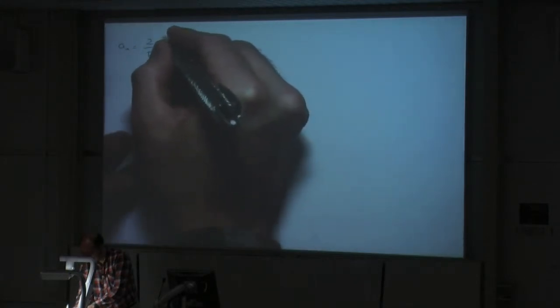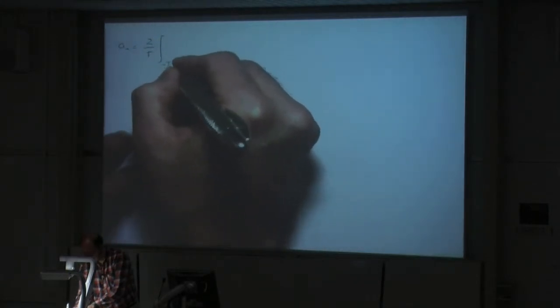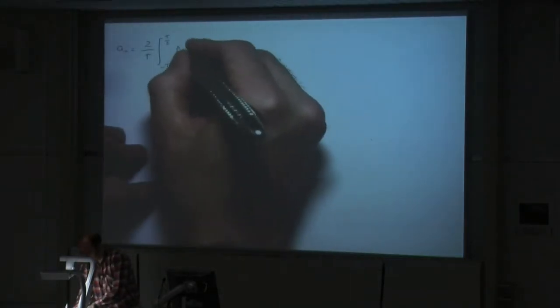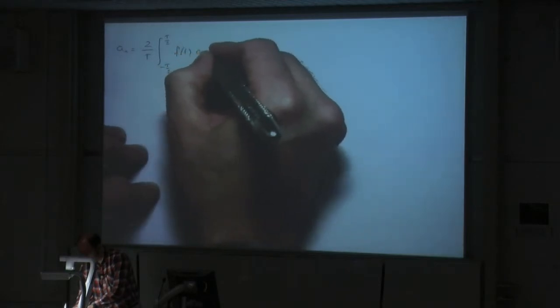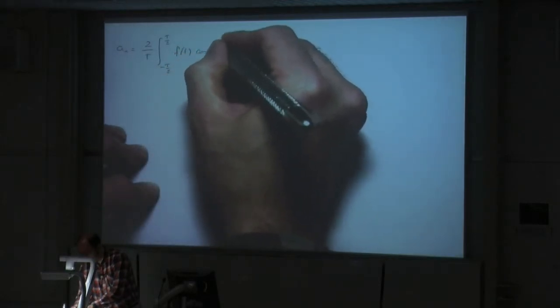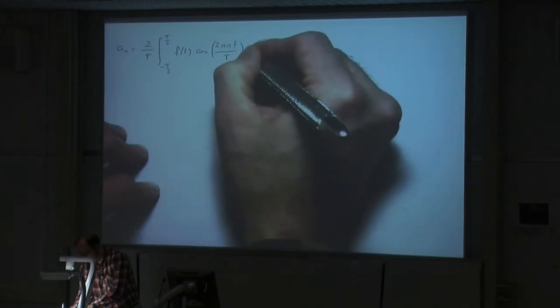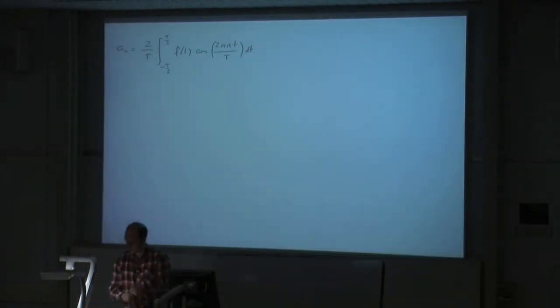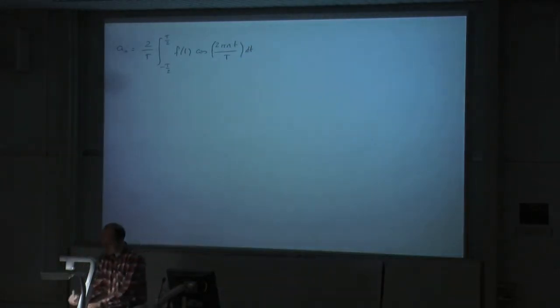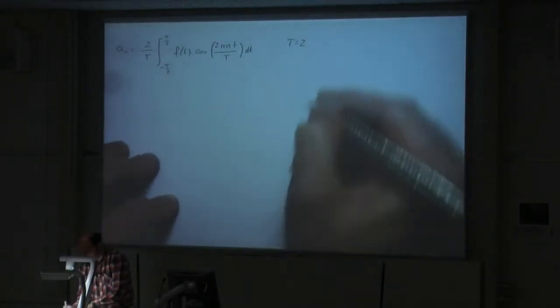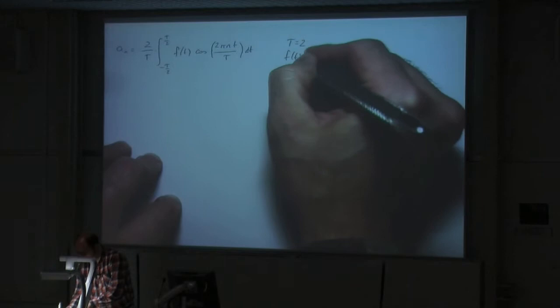Okay, so now we need to find the terms for An. So we know that T equals 2, and f of t is t squared.